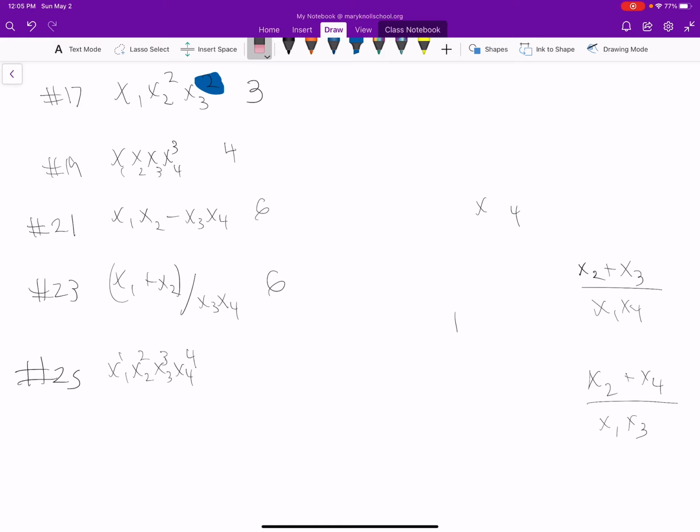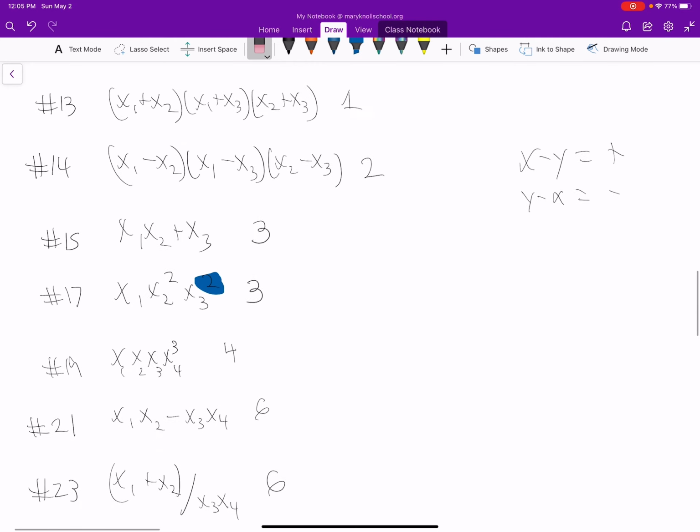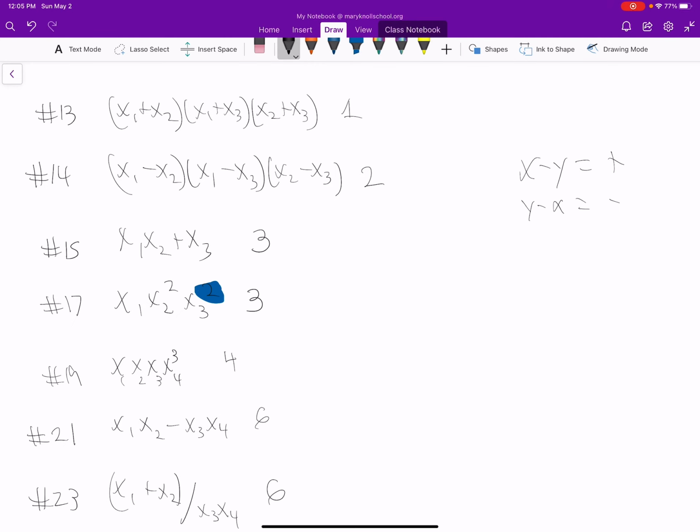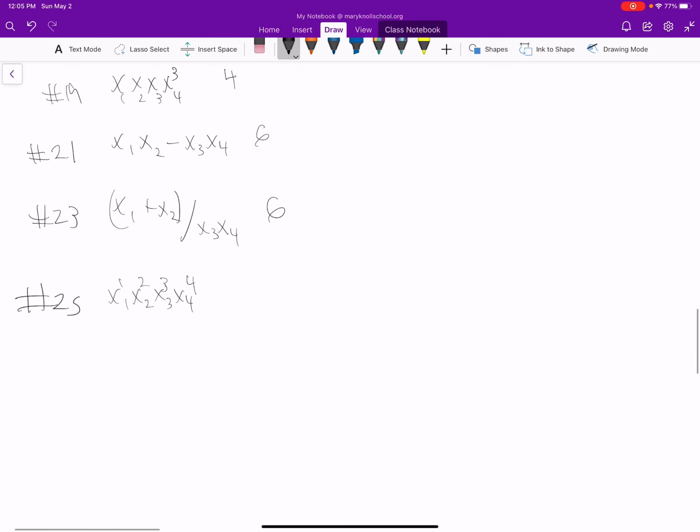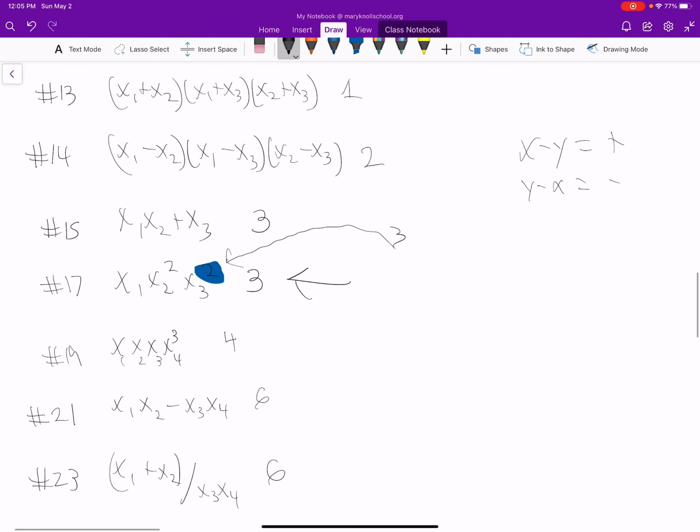how to change. Oh, hold on, let me erase this real quick. Okay, so we talked about number 17 and how we can get 6 if we changed this. For example, if we change this to a 3, we could get 6 distinct variants. We were talking about permutations, and for number 17, order totally matters in that case.